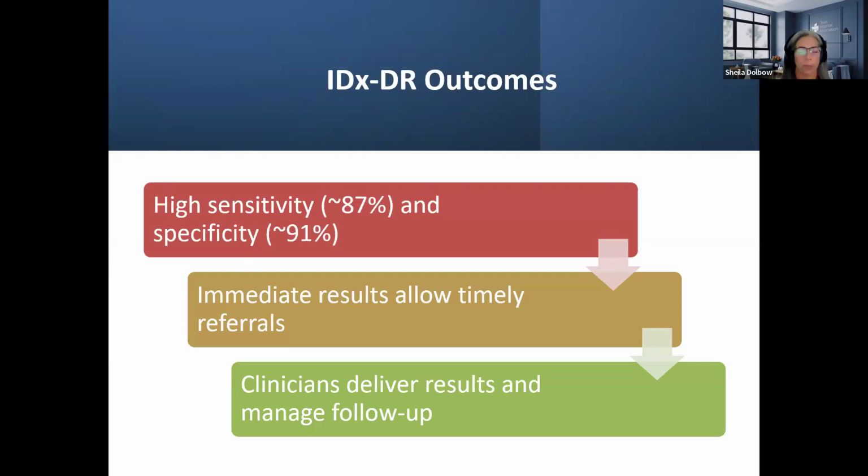So it isn't like bringing a patient in for a routine eye exam and then having to schedule them for an appointment with a specialist in the nearest big city where they had access, and then get them to that specialist who would then perform the studies and then get these results. So a lot of time passes. This way, they have immediate results, a timely referral, and they can help manage follow-up and get patients where they need to be a whole lot faster for treatment.